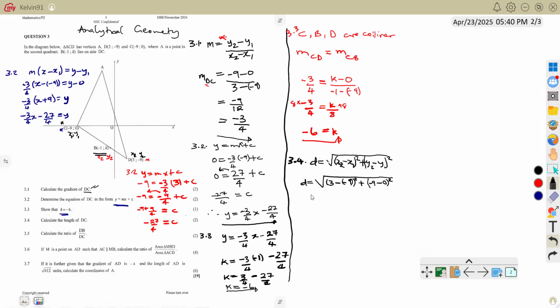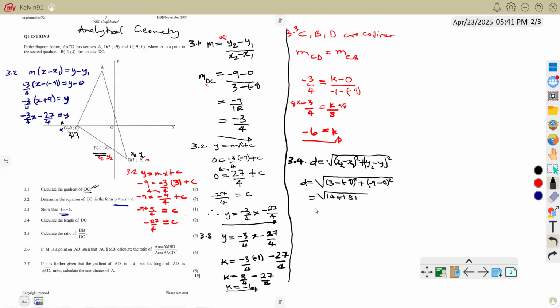Then from here, just trust your calculator, punch this as it is on your calculator, get to the answer. It's going to be 12 squared, which gives us 144, plus 81, which is negative 9 squared.